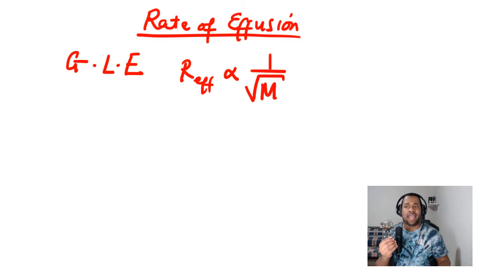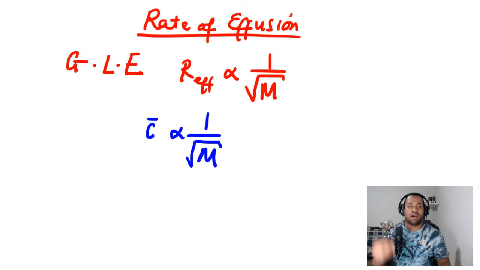The reason is the mean speed of the particles, and the mean speed of the particle is inversely proportional to the square root of the molecular weight or molar mass of the same particle.